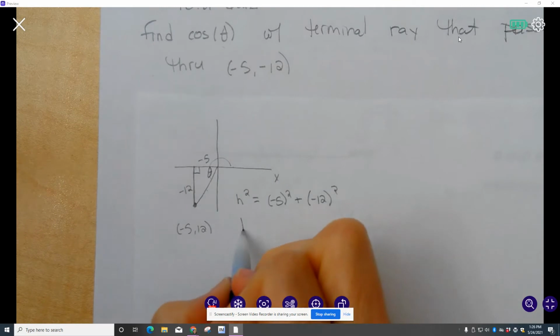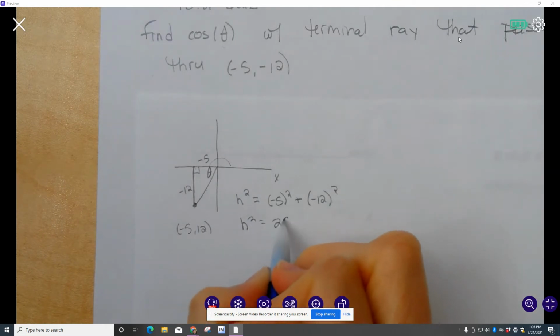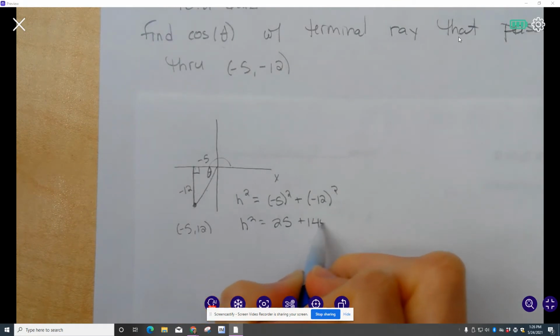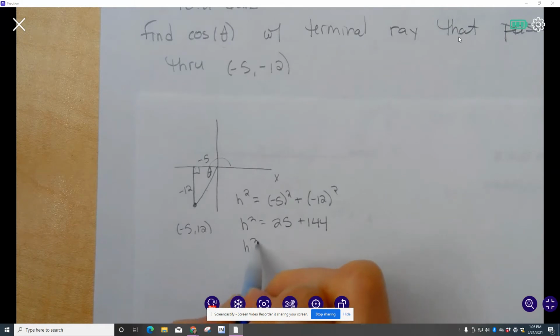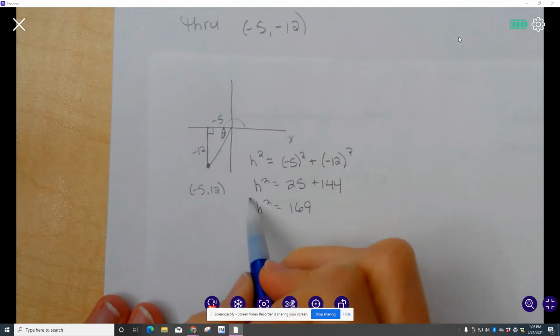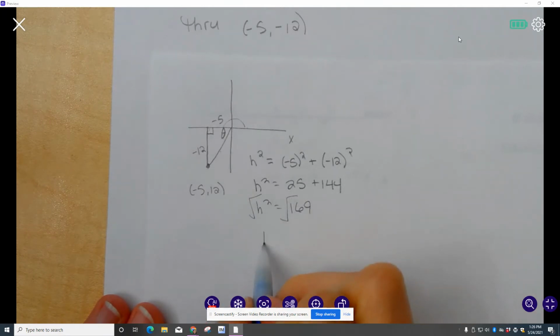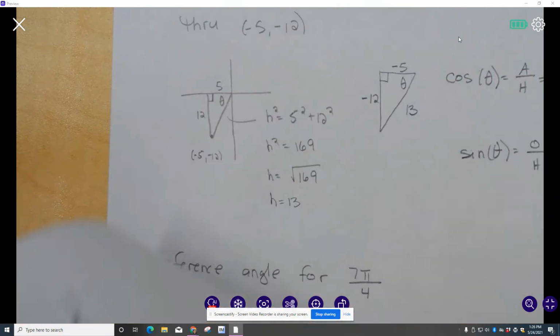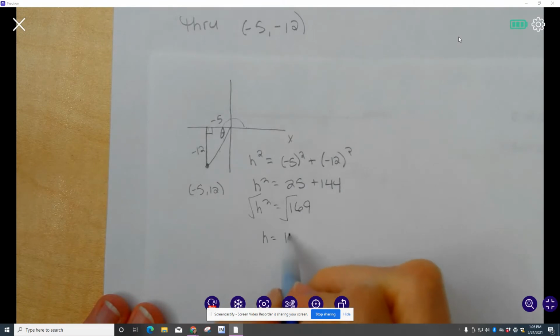So h squared equals 25 plus 144, which is 169. Then I square root both sides, so h equals 13. The square root of 169 is 13.